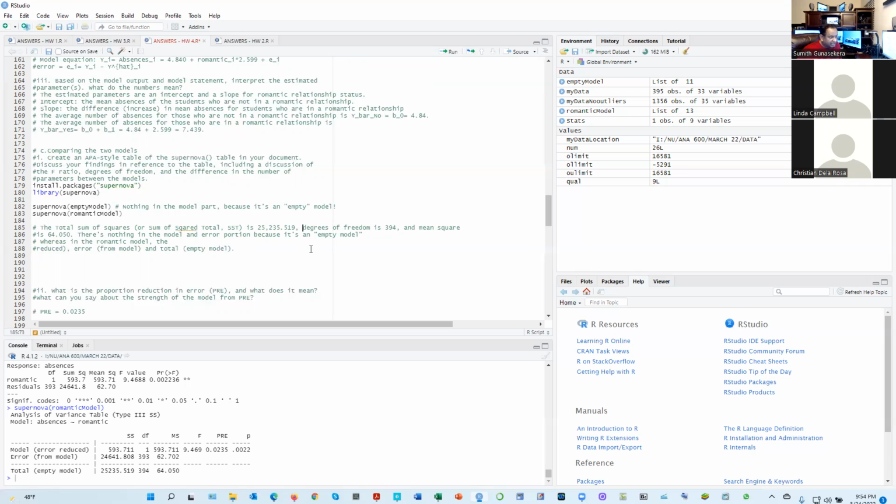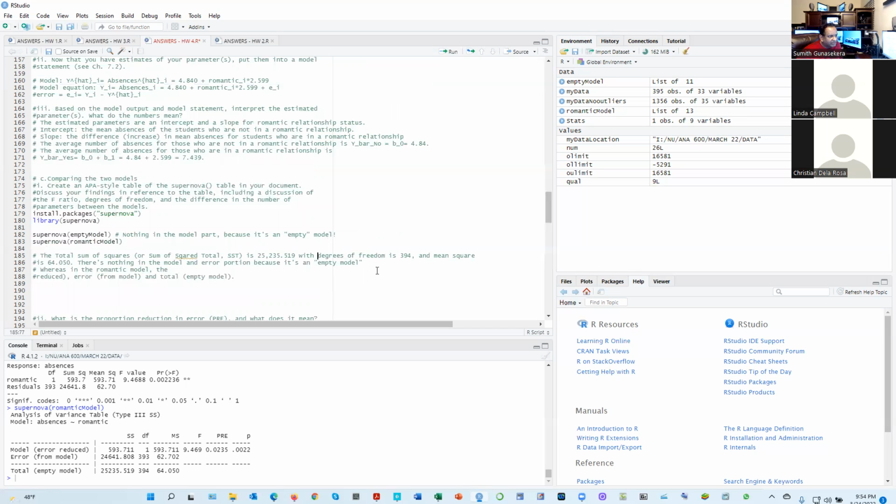with degrees of freedom 394, and mean square is 64.